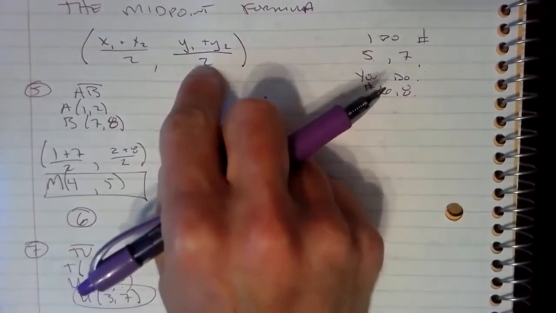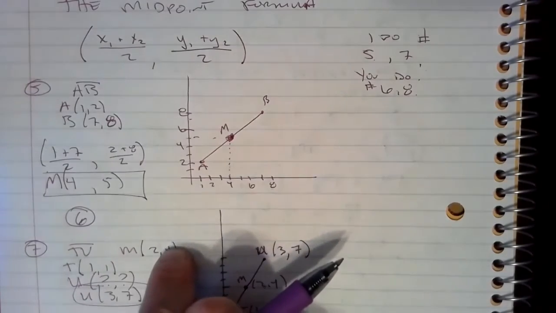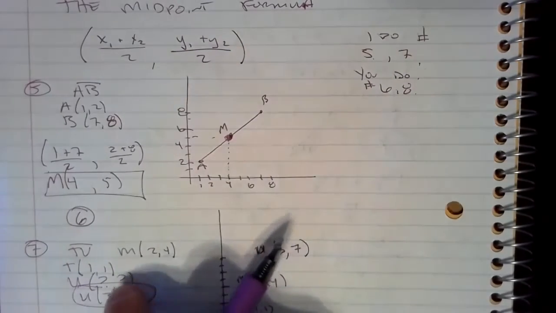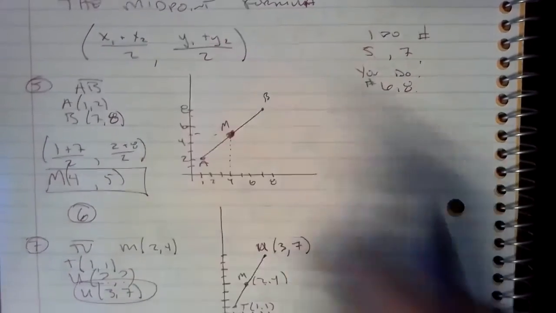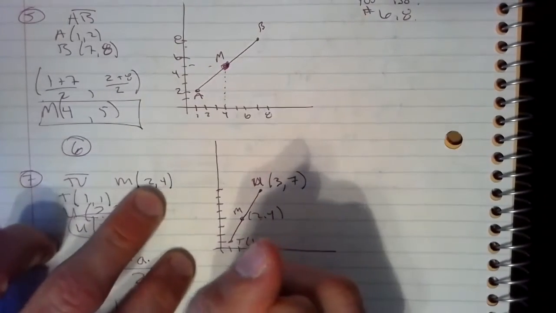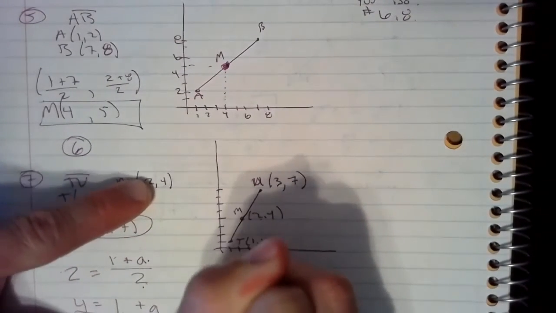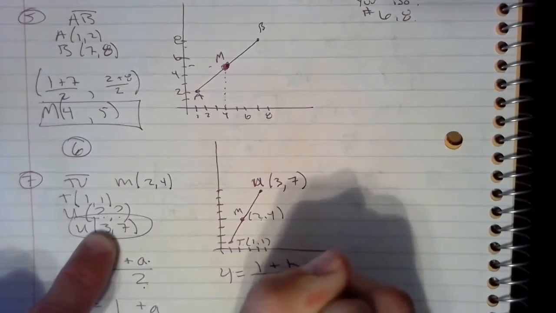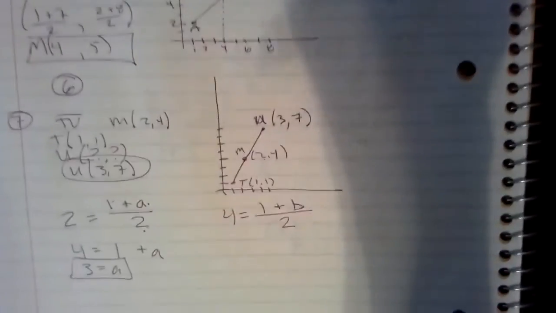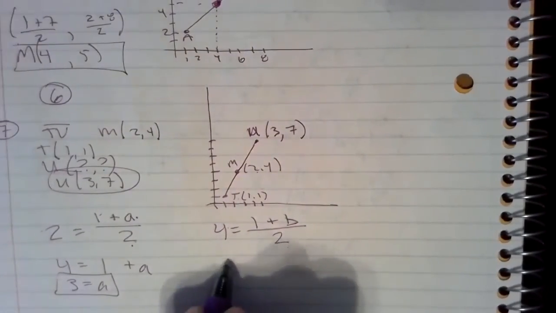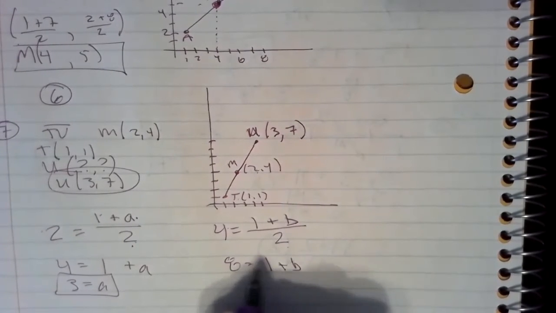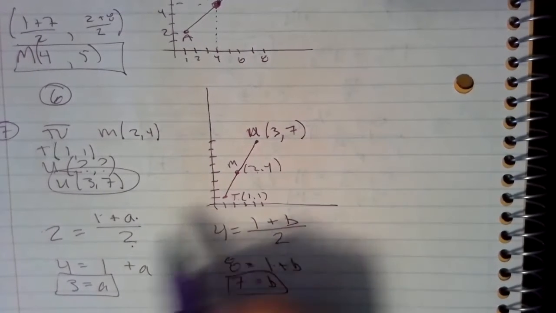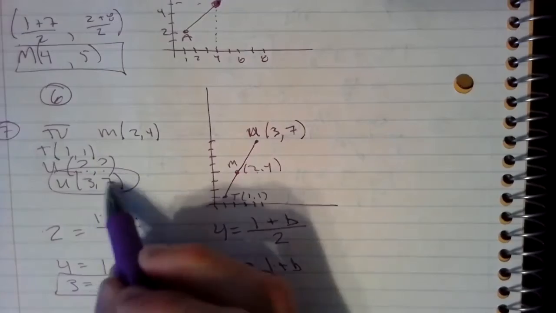Likewise, the midpoint of the y's, which is 4, is going to be the y1, which is 1, plus y2, which we actually didn't know when we started this problem, all over 2. So the midpoint of the y's is 4. Now that's equal to the first y plus the other y that we don't know, I'm going to call it b, all over 2. So to solve this, we'll do 4 times 2 is 8, and 8 minus 1 is 7. Okay, so as we can see, I now get a coordinate for x and y of my other endpoint.